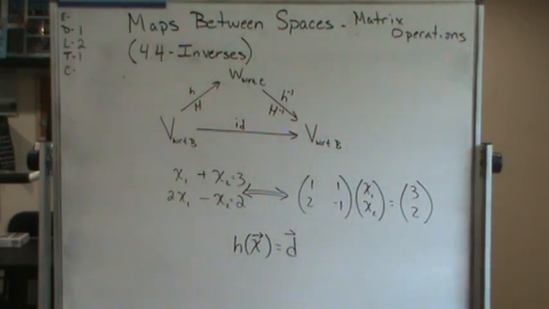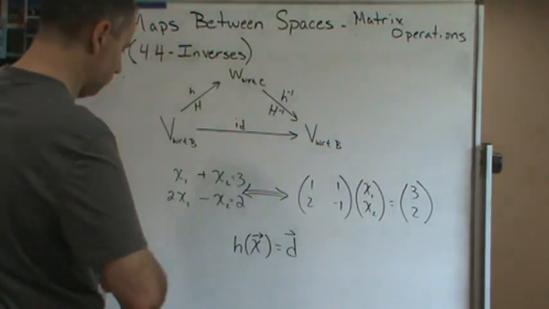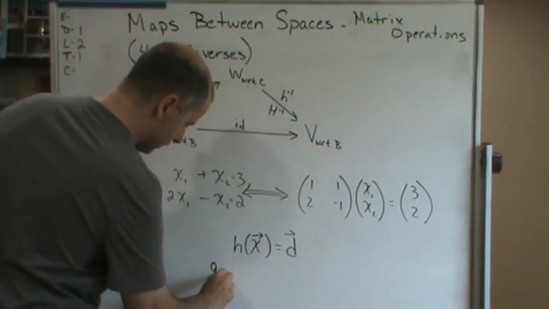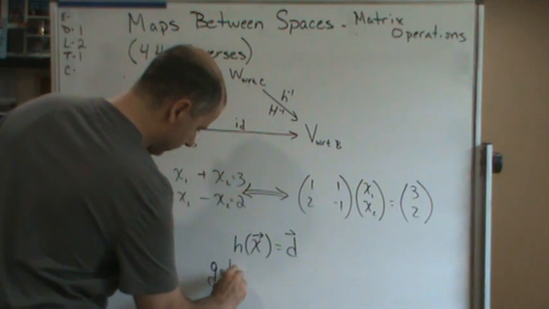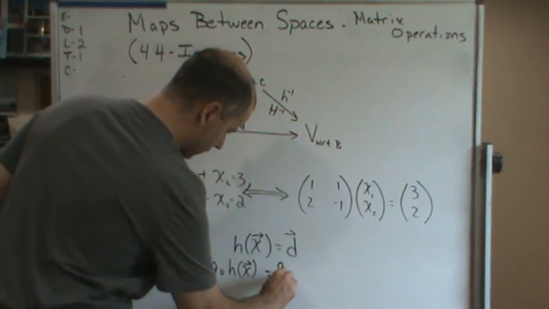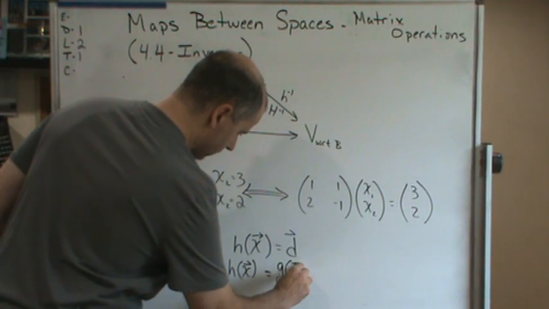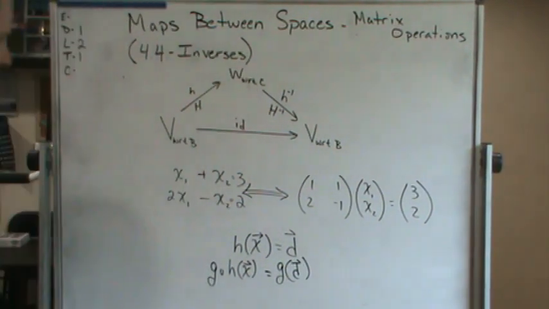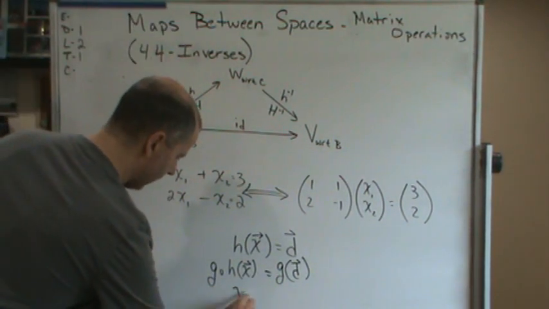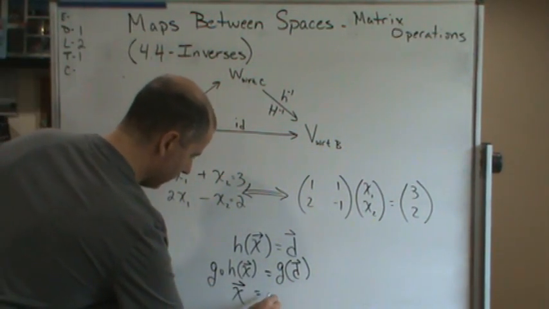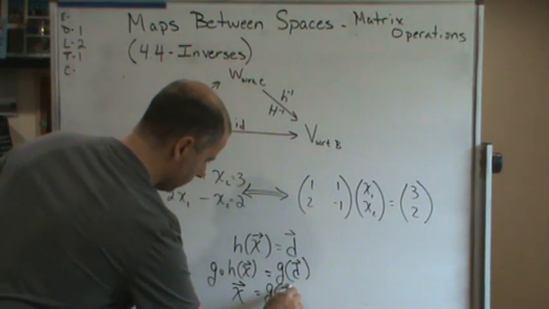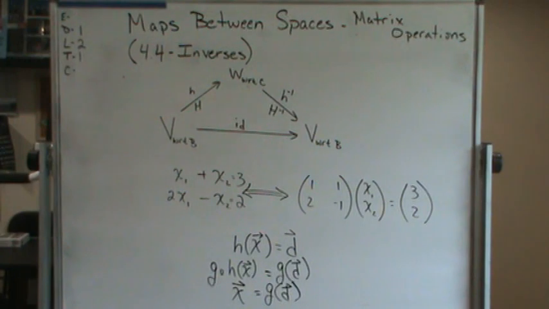Okay, so if we did that, we could get G circle H of x equals G of D of x. And then what does this give us? Well, this will give us what? X vector is equal to G of the D vector.